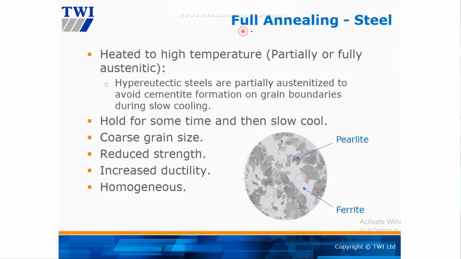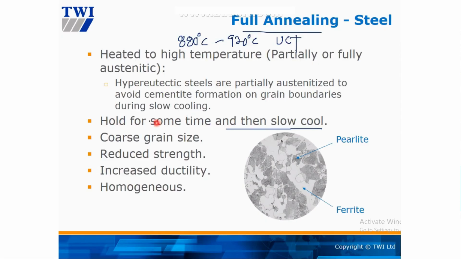All right, in full annealing here, still heated to high temperature. High temperature here, we refer to roughly 880 degrees C up to 920 degrees C, which we call the upper critical temperature or upper critical point. Hold for some time and then slow cool. This is very slow cooling, right?